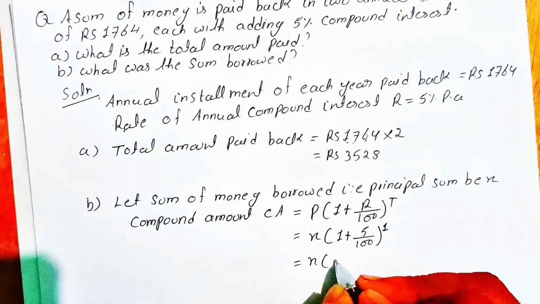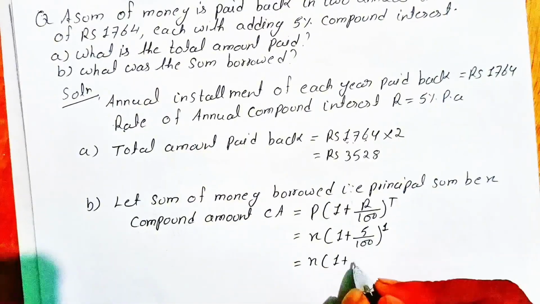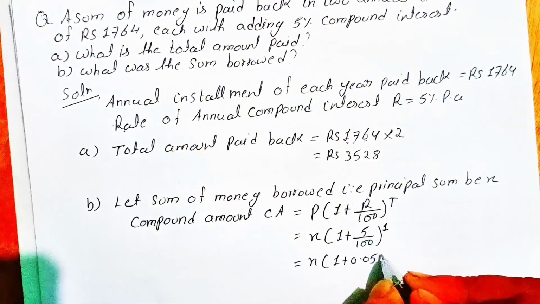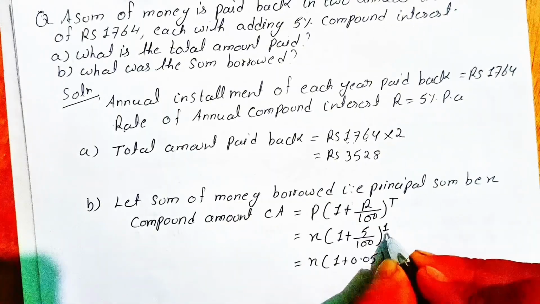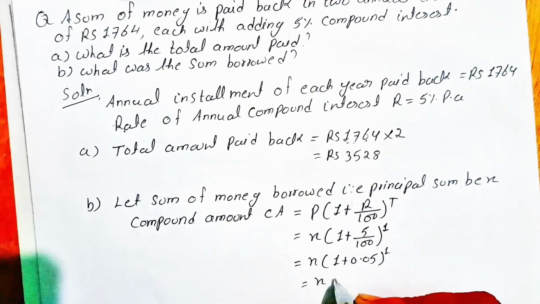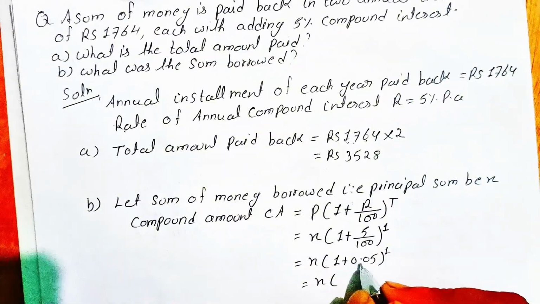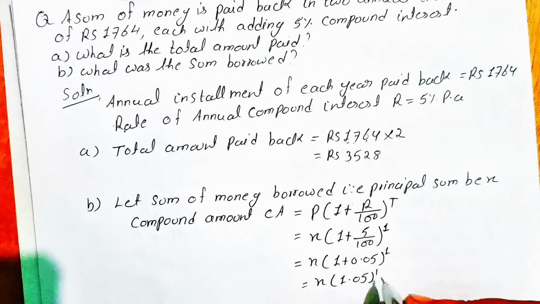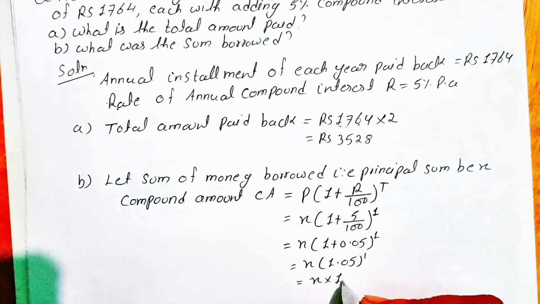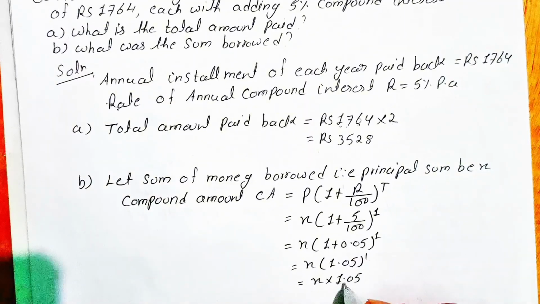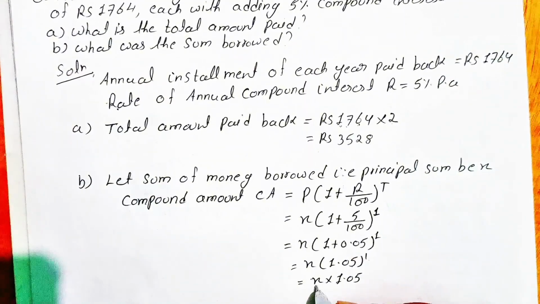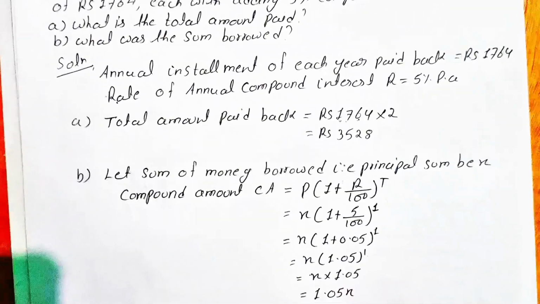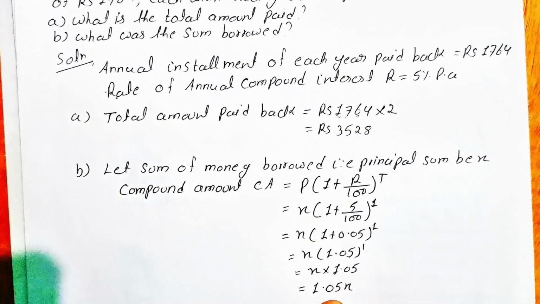Now 1 plus 5 divided by 100 becomes 1.05 to the power 1, and x into 1.05 to the power 1 becomes 1.05 times x. So finally we have 1.05x, the amount to be paid in the first year.